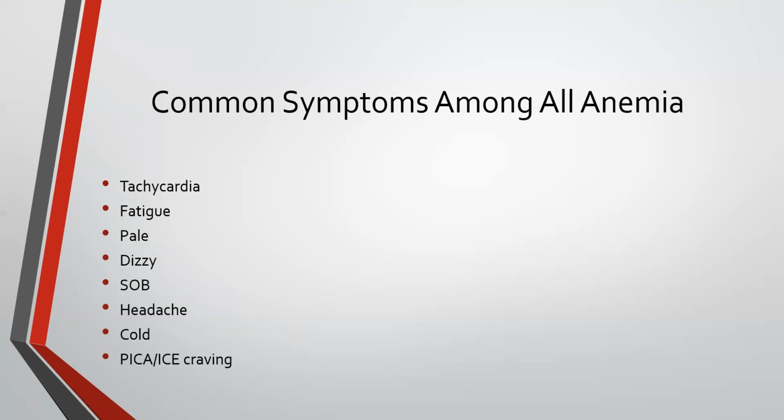Fatigue, we're tired. When you don't have enough oxygen, you get tired. Pale, we don't have the ability to have a lot of color in our cheeks. Get very dizzy because of the low blood volume. Short of breath because your body needs that to work. And so the body gets very tired, very short of breath, hard to complete sentences.